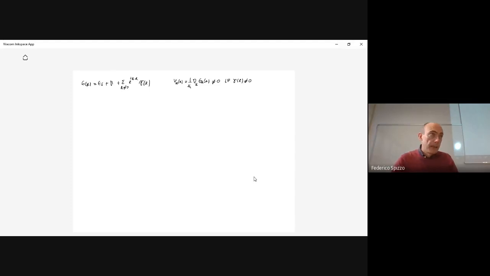So if the overlap integral, including the perturbation, is different from 0, then we have propagation, because again, the term with k is different from 0.